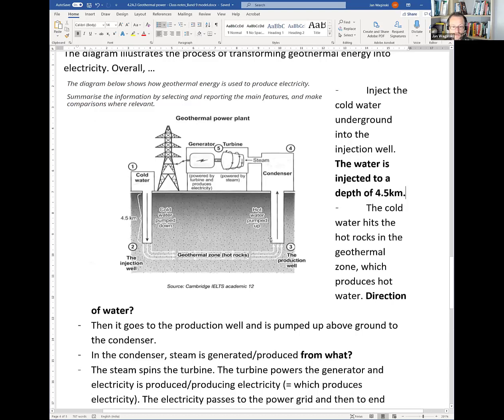Here, between steps 2 and 3, what's the direction of the water? Seems like a minor detail, but downwards. How does it go from 2 to 3? Horizontal. Yeah, that's in the horizontal direction.